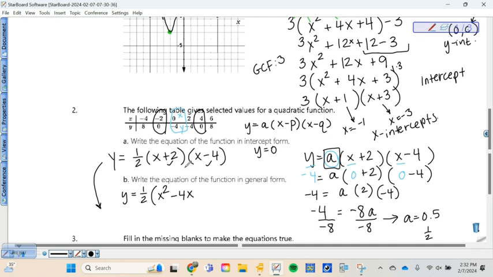And what's my inners? 2x. And what's my last times last? -8. Okay, and then I can clean it up. I can simplify. What's -4x plus 2x? Yeah, -2x. So I've got x squared minus 2x minus 8.